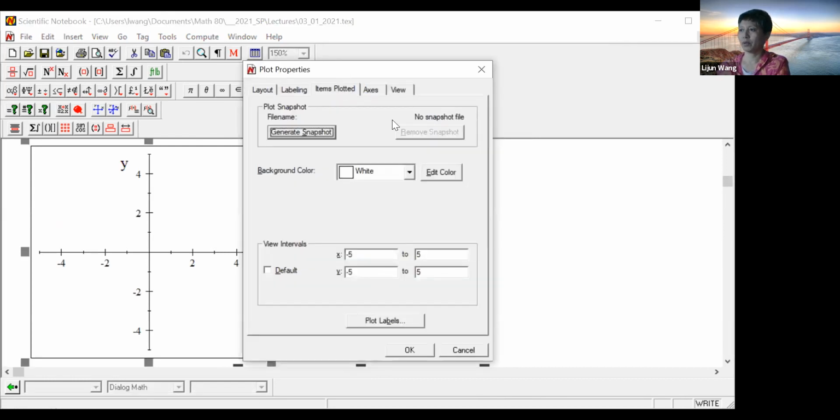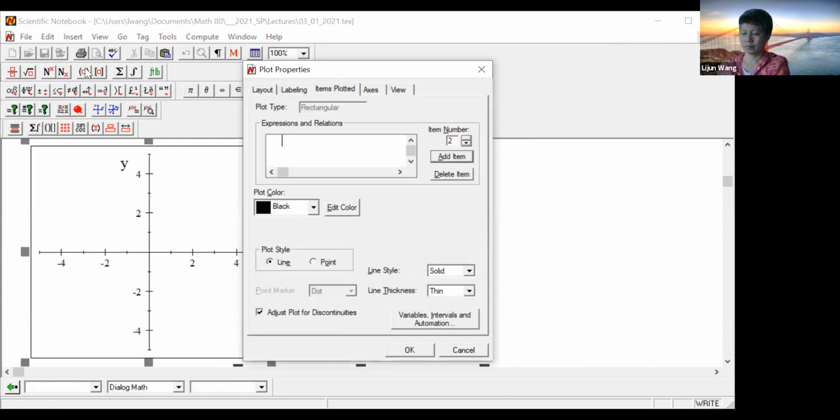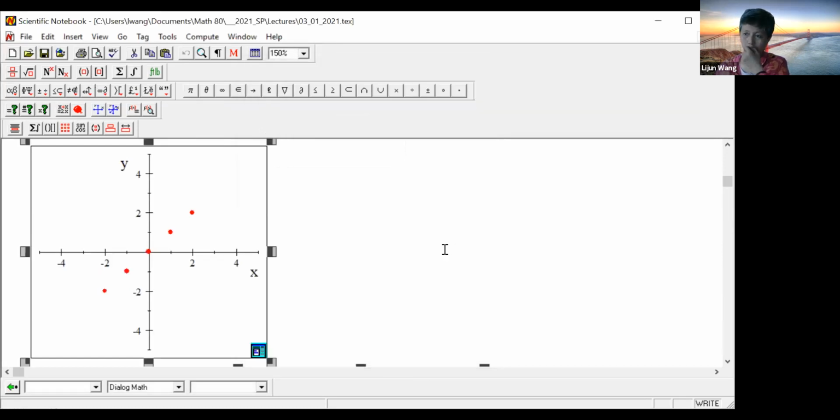We're going to plot those points with red dots, and you mark every point.